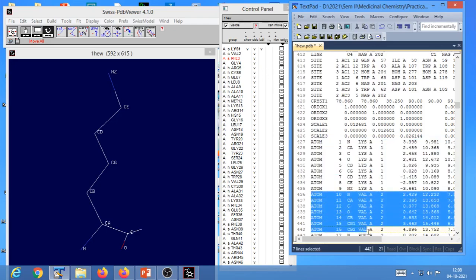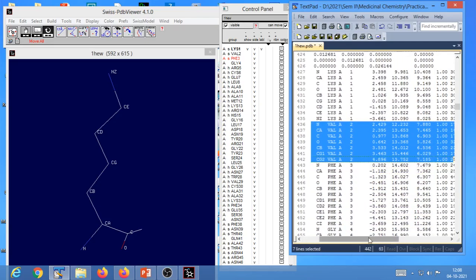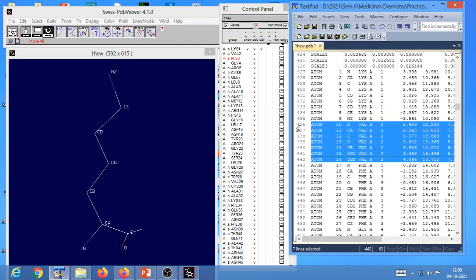The data for the next subsequent amino acid residue is present from line number 436 to line number 442, that belongs to valine, which is present at the second location. Do you see over here? Valine is present at the second location and its corresponding data is represented just below the first amino acid residue.